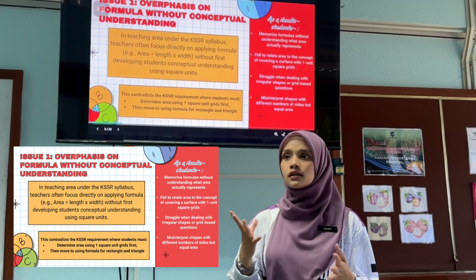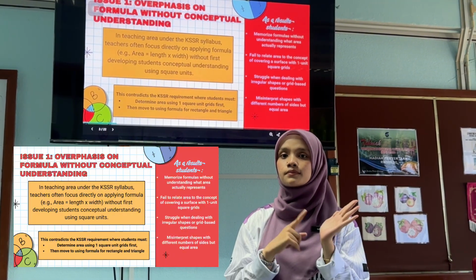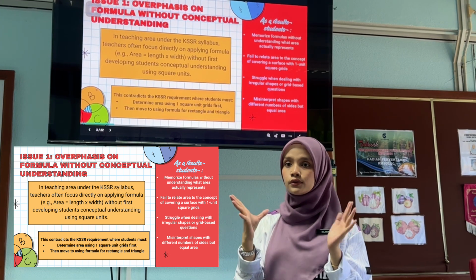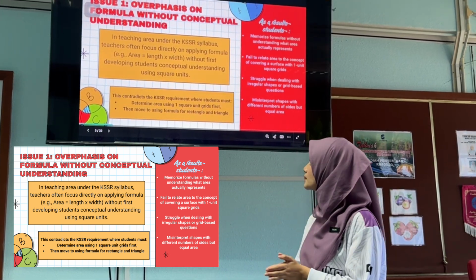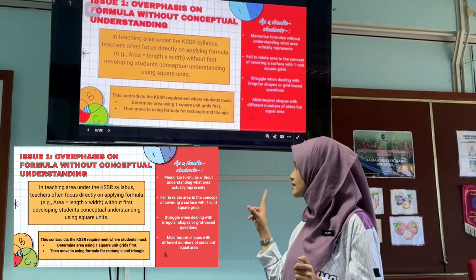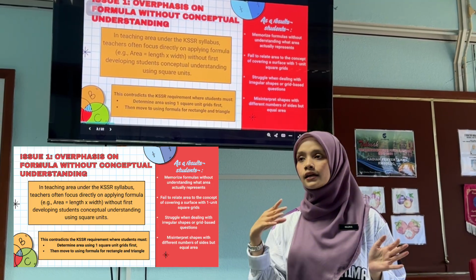So actually, to teach area, students must understand the concept of the square units. This contradicts the KSSR requirement, where students must first determine area using 1 square unit grid, and then move to using formula for rectangle and triangle.